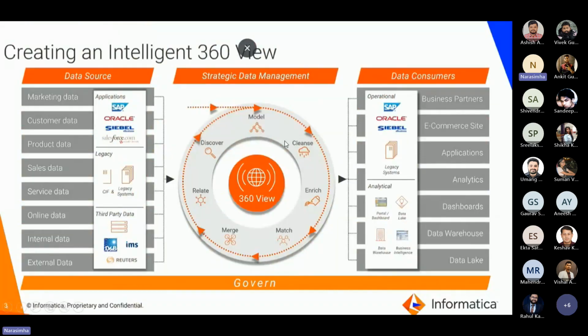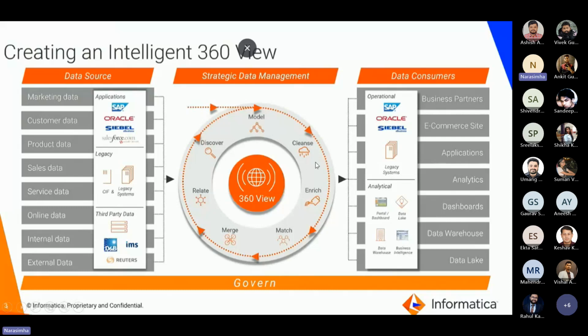Can you see, guys? If you look at this 360 view, we can achieve it by using provisioning, where data could be anything, from anywhere. And these things: model, cleanse, enrich, match, merge. I think we talked about them earlier, when we discussed MDM hub components. The result of that can be consumed by any application.